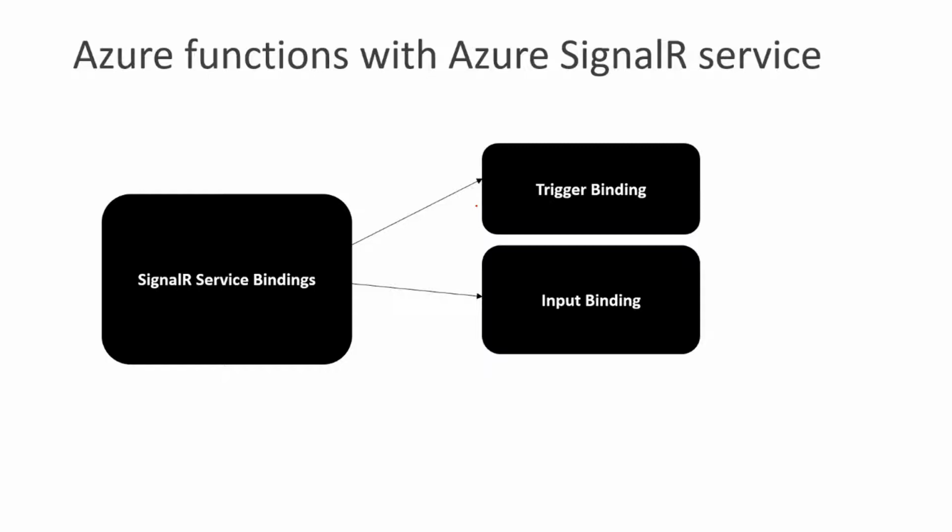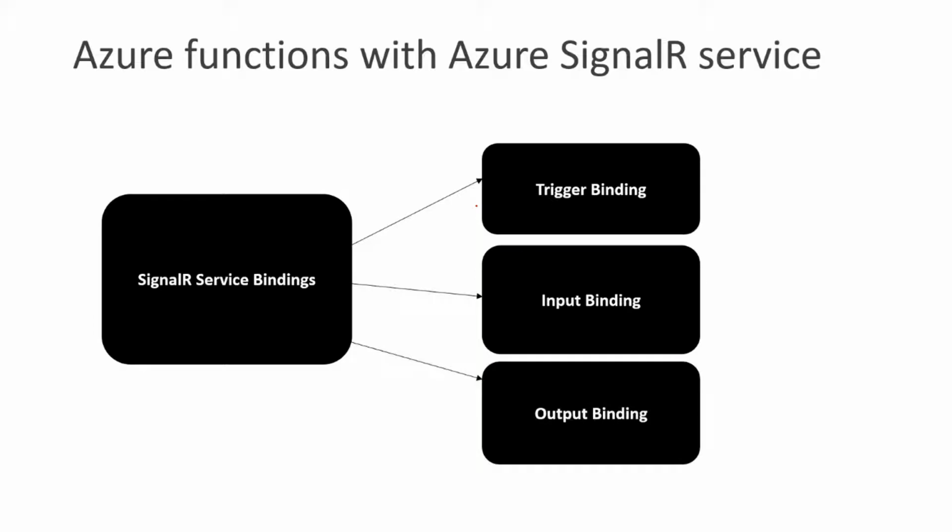We can use the input binding of the SignalR service along with the Azure function to get that metadata. This metadata is provided to your client, and then the client can initiate communication with the server. So generally, we use the input binding to provide the metadata needed to connect to the server.